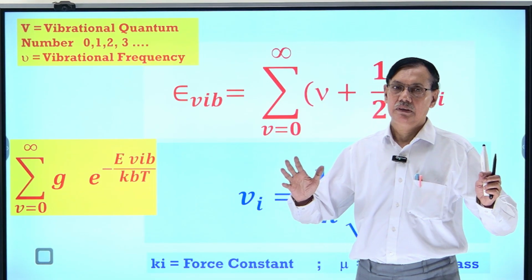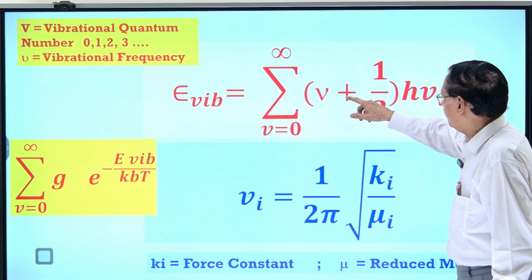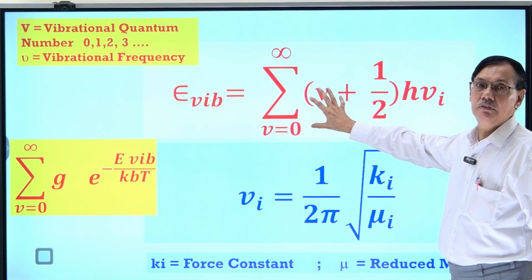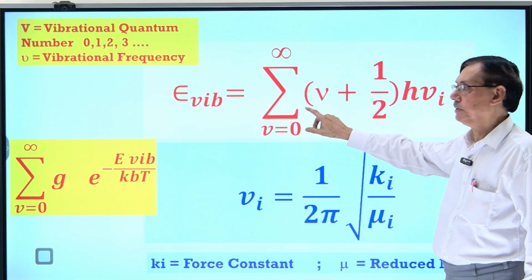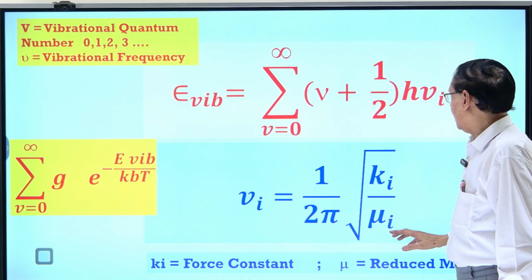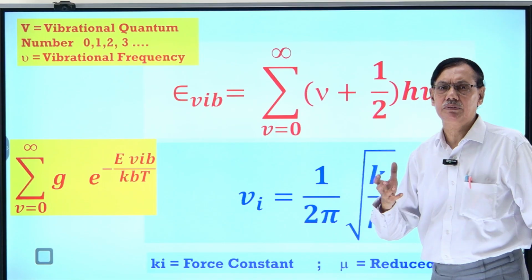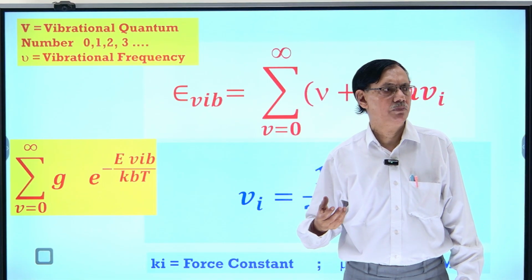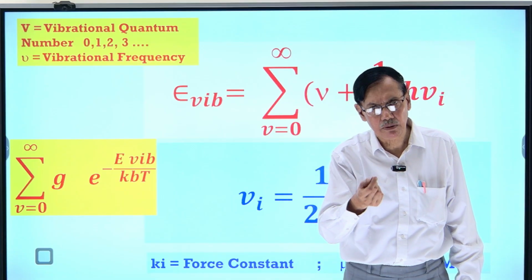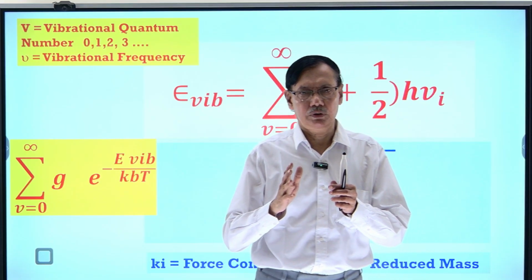But you should have simple elementary knowledge about these things. This formula alone is enough for derivation of the vibrational partition function. But sometimes there may be simple numerical problems related to the calculation of the force constant.